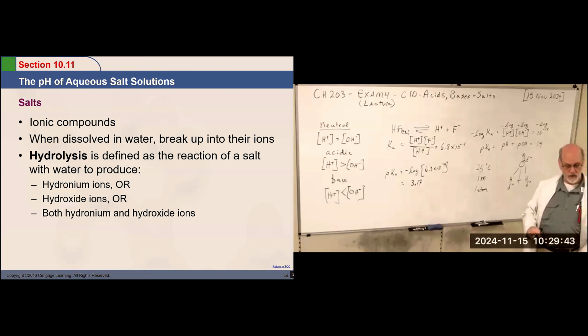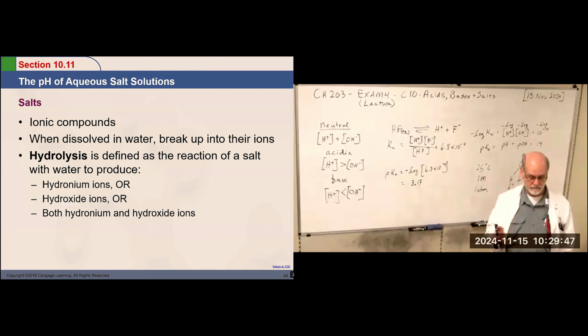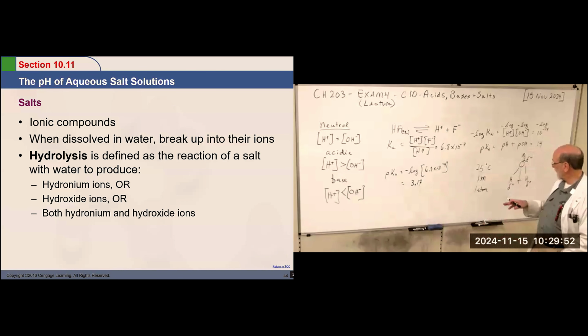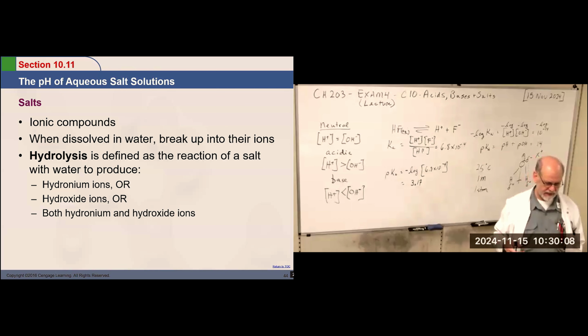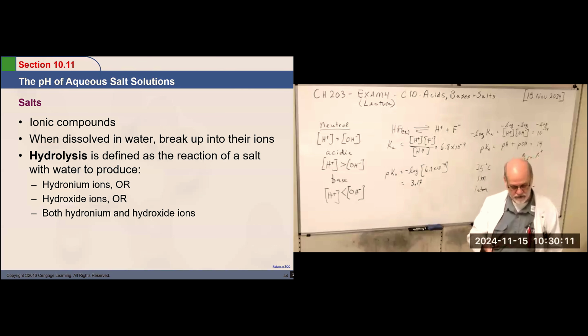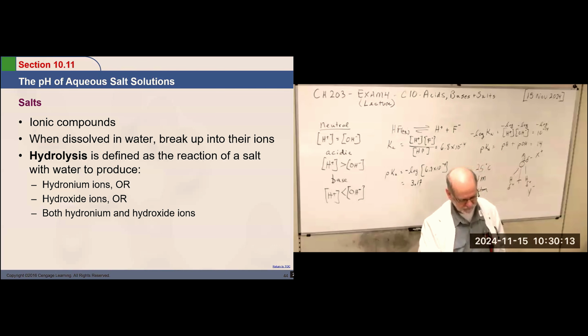So the water molecules are going to associate with the ions of the dissociated salt, so that this end of the molecule is associated with the cation, and this end is associated with the anion of the salt. And they surround the cations and anions in a process called hydrolysis.